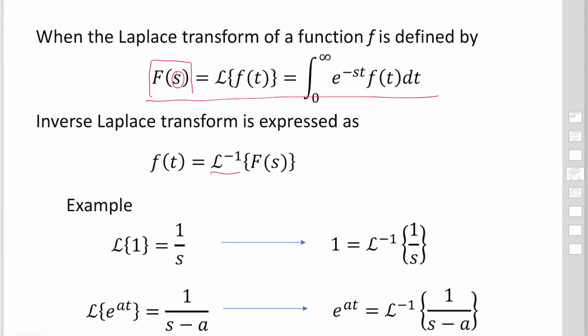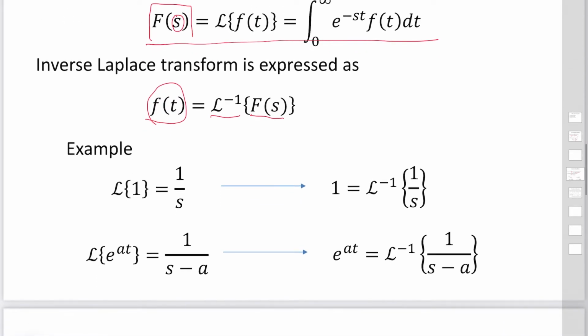If you apply the inverse Laplace transform to the Laplace transform, it returns to the original function, lower case f as a function of t. So to find inverse Laplace transforms, find the pair of the Laplace transforms. The Laplace transform of 1 is equal to 1 over s. The inverse Laplace transform of 1 over s is equal to 1.